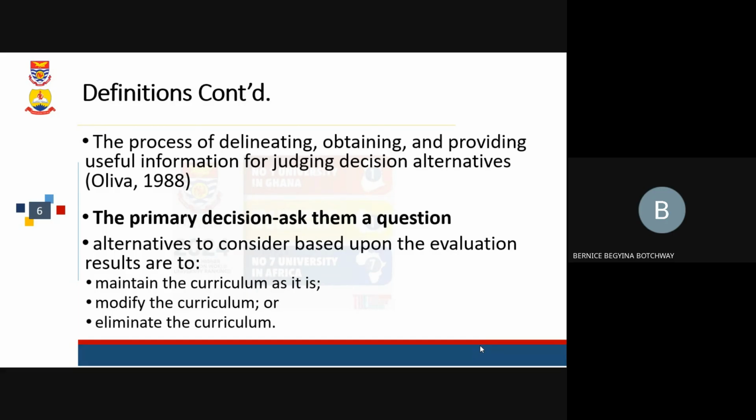So according to Oliver, in curriculum evaluation, you focus on something that you are going to evaluate, and then you get information, and that information will be used to judge different alternatives, different decisions, different ideas that we can go to make the curriculum better as we want.